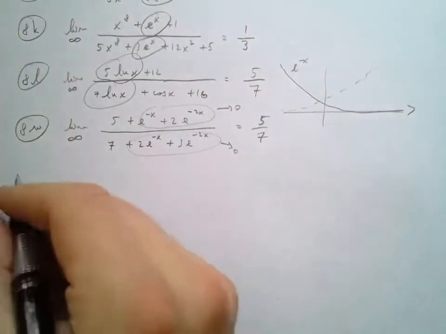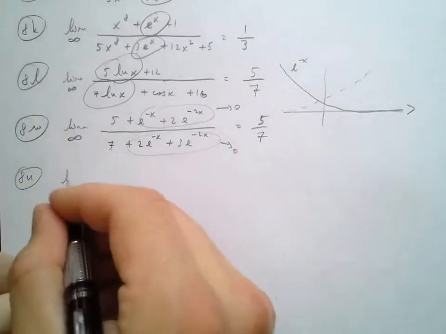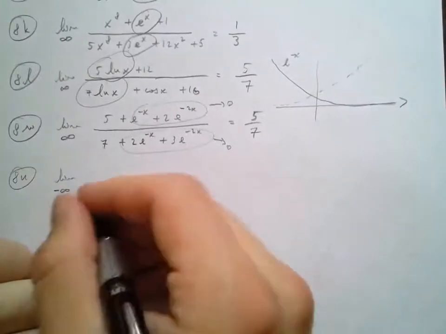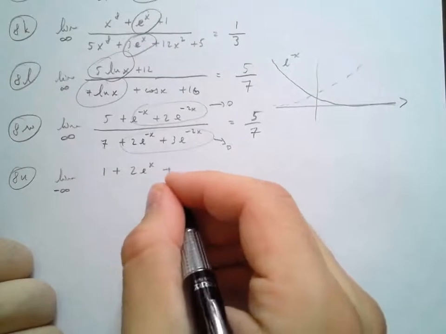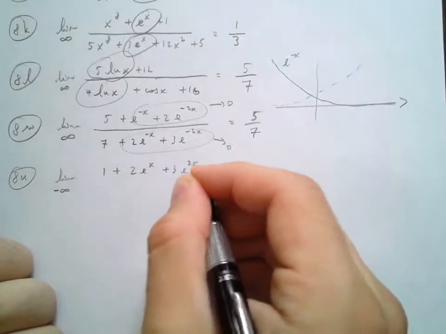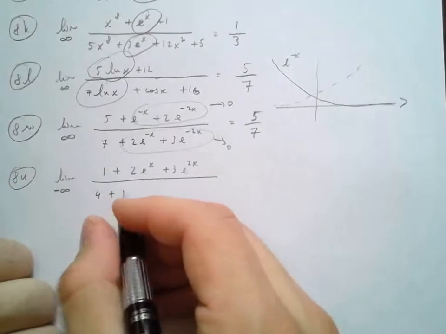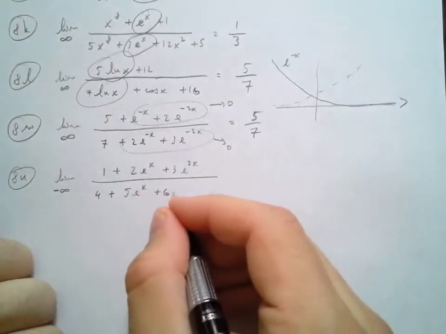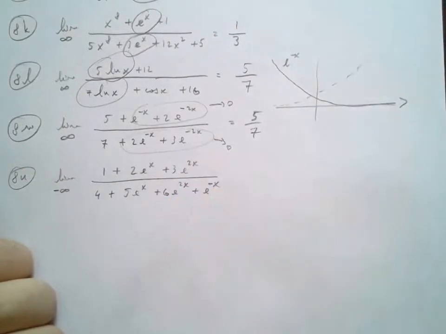Let's do another one, 8n. This is the limit at minus infinity now, and I have (1 plus 2e to the x plus 3e to the 2x) all over (4 plus 5e to the x plus 6e to the 2x plus e to the negative x). Okay.